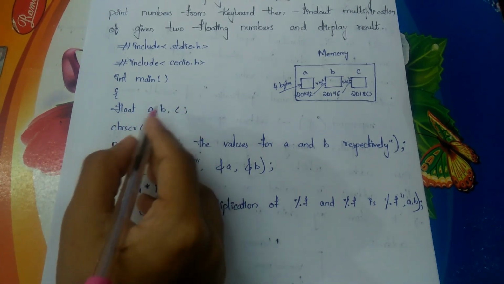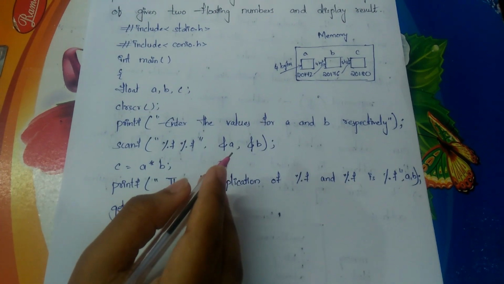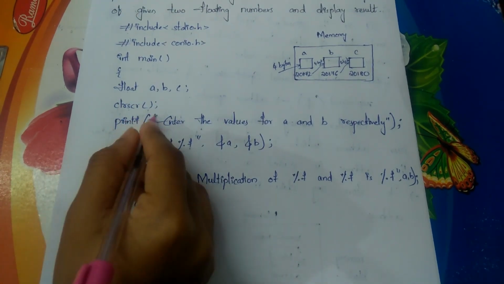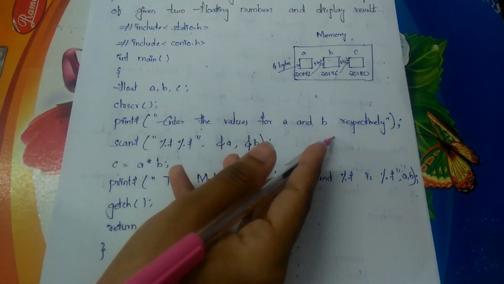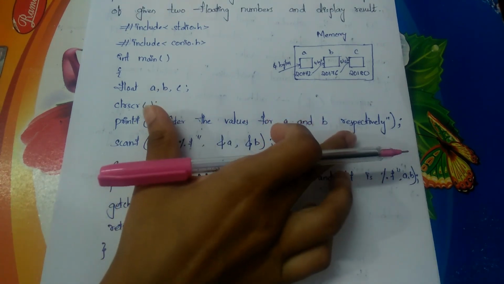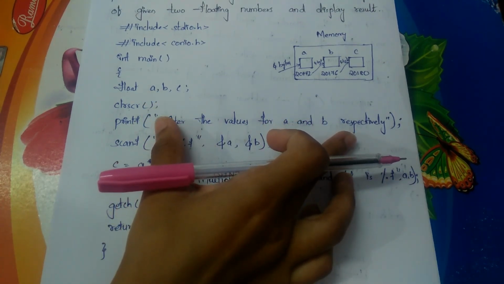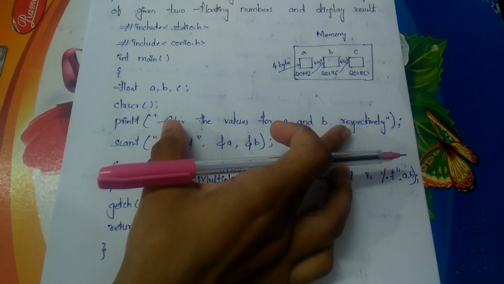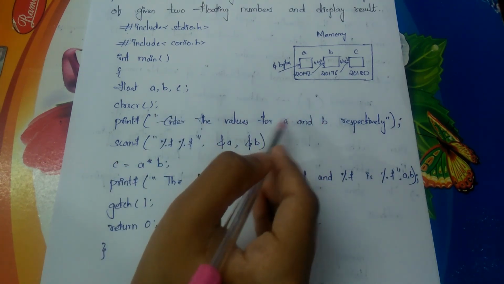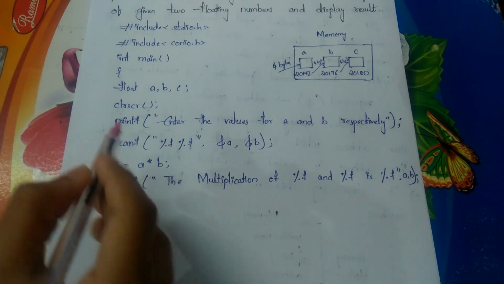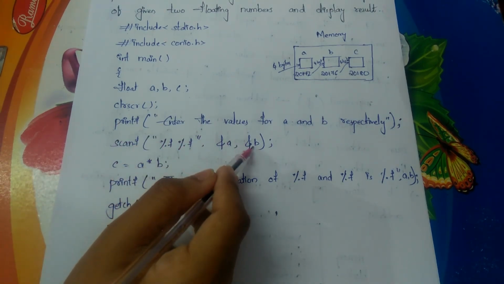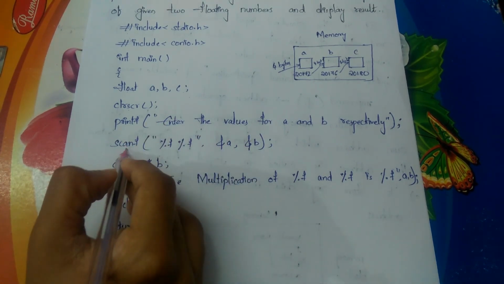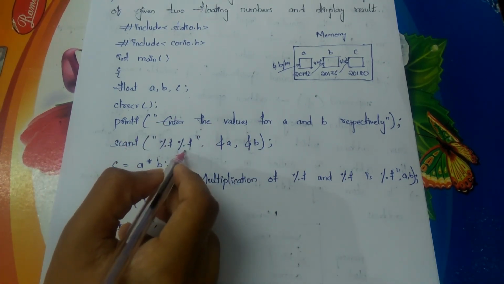Next, clear screen. Then printf. In the printf statement, within the double quotes, I want to print "enter the values for a and b respectively". This statement will be printed on the output screen, so by seeing this statement the user has to give the two values. After this printf, scanf("%f %f", &a, &b). In scanf we use only the format specifications, we don't use any control string.